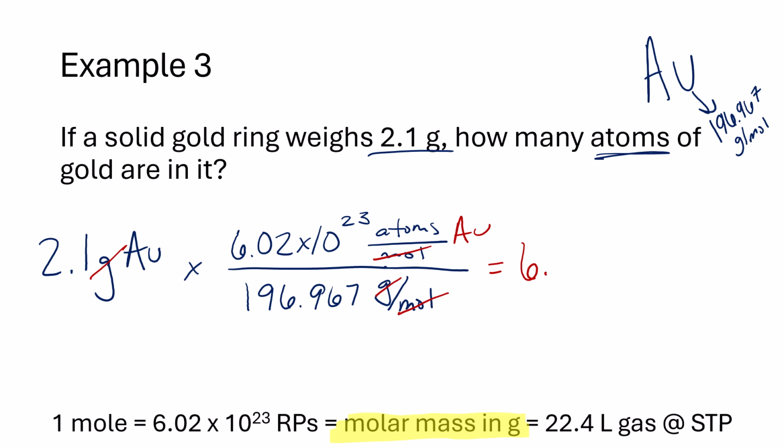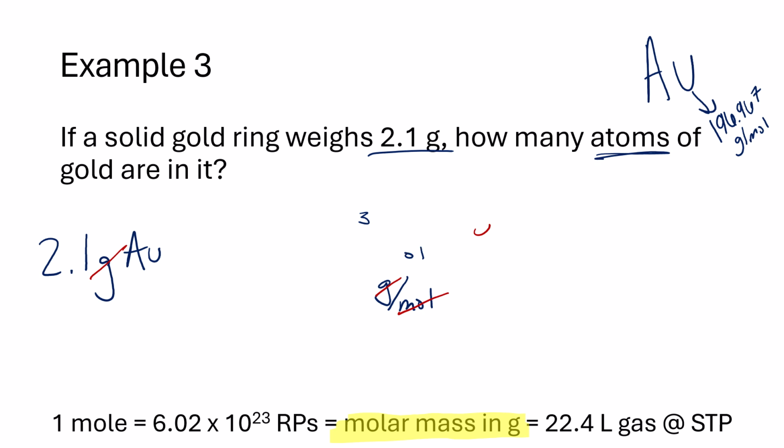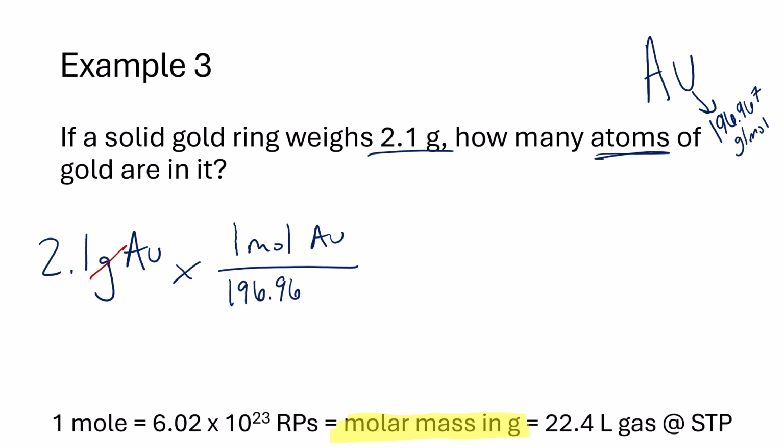Just erase this real quick. Going back to the mole triangle, you can always get everything to go back into moles. So if I was to get everything into moles, I can divide by the molecular weight, and that way those grams cancel.